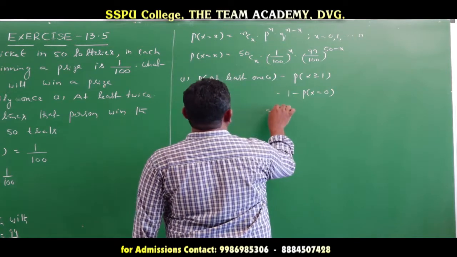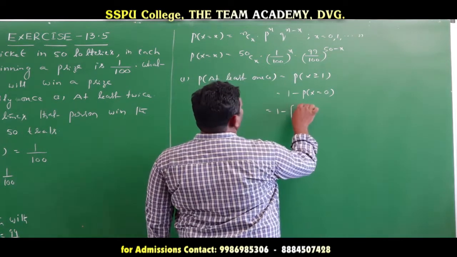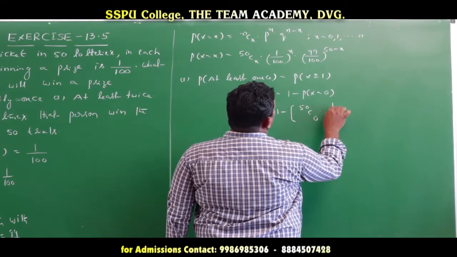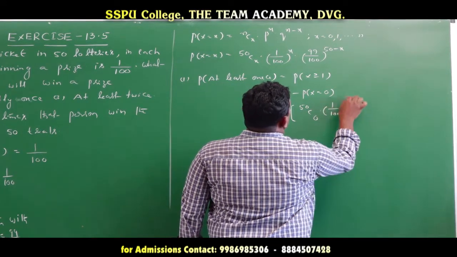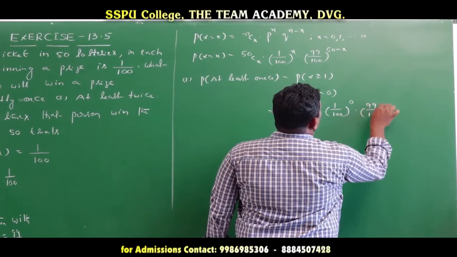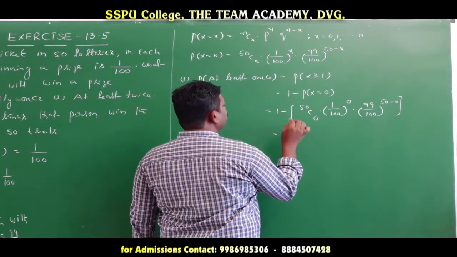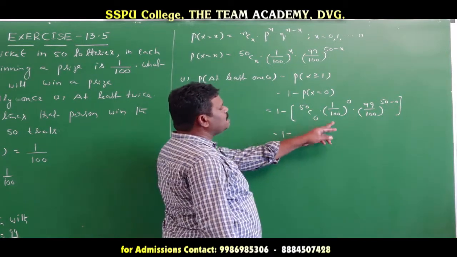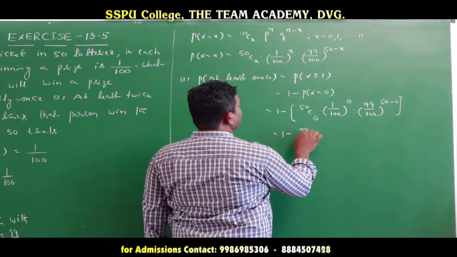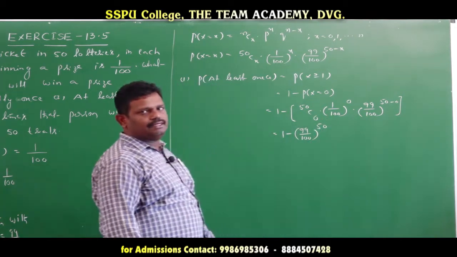That is 1 minus 50C0 into 1 by 100 whole power 0 into 99 by 100 whole power 50 minus 0. Finally, 1 minus this value, where 50C0 is 1 and 1 by 100 power 0 is also 1, so 1 minus 99 by 100 whole power 50. That is the first case.